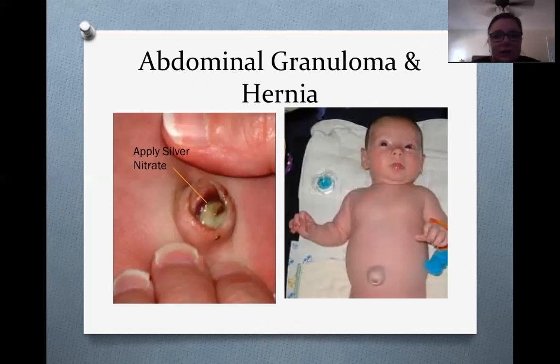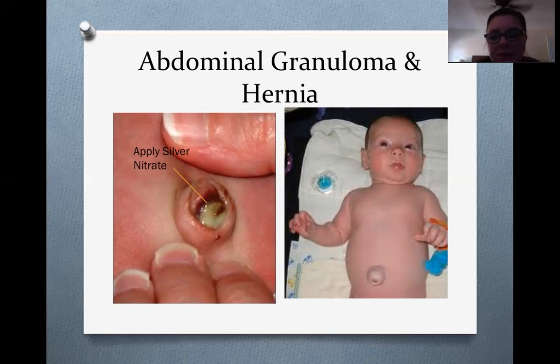That is a granuloma that forms, and these are really common. You can take a little silver nitrate stick and gently dab it on the granuloma, and it will turn black and purple and look kind of cauterized, and it will dry it up nicely.